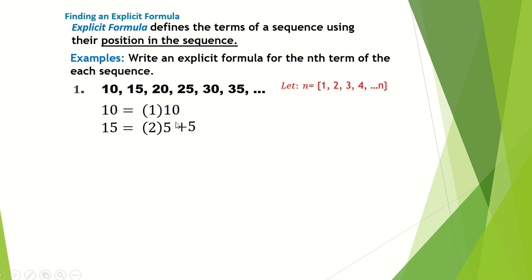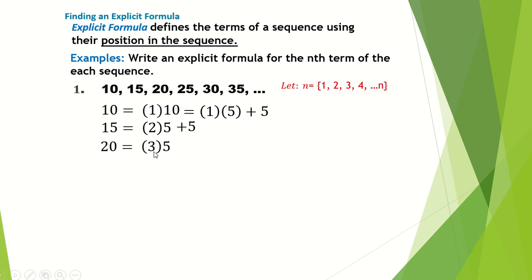So let's try to express 10 having the position times 5 plus 5, because we only want to keep the position and the rest of the numbers there. Indeed, it is possible. First position times 5 is 5 plus 5 is 10. How about the third, 20, and your position is 3.